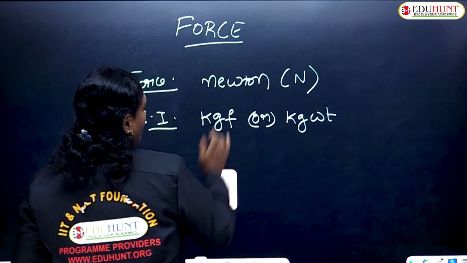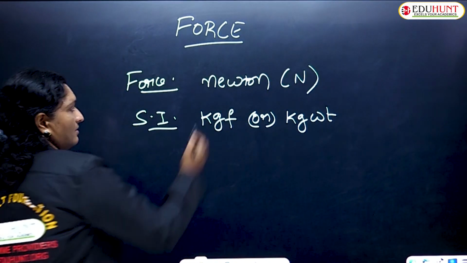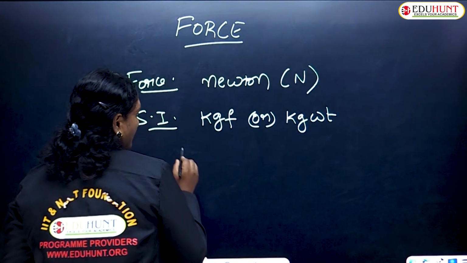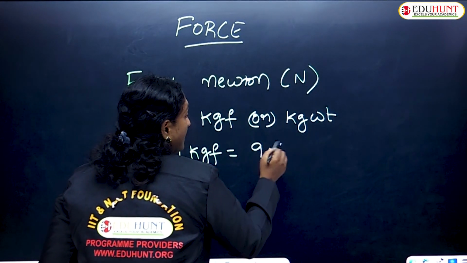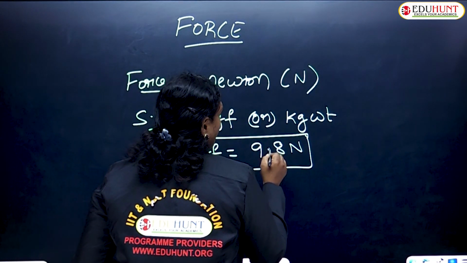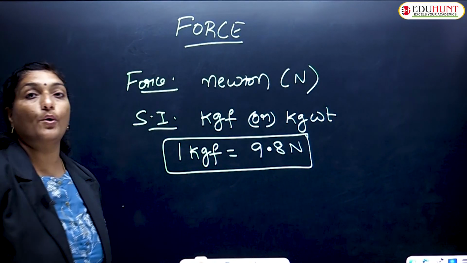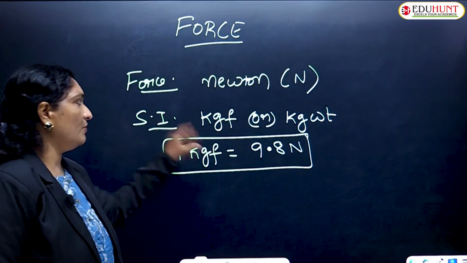In simple form, let us understand the relation between kg force or kg weight with respect to Newton. Both are the same, children. So 1 kg force is nothing but 9.8 Newton. So children, remember, 1 kg force is equal to 9.8 Newton. So this is the SI unit of force.